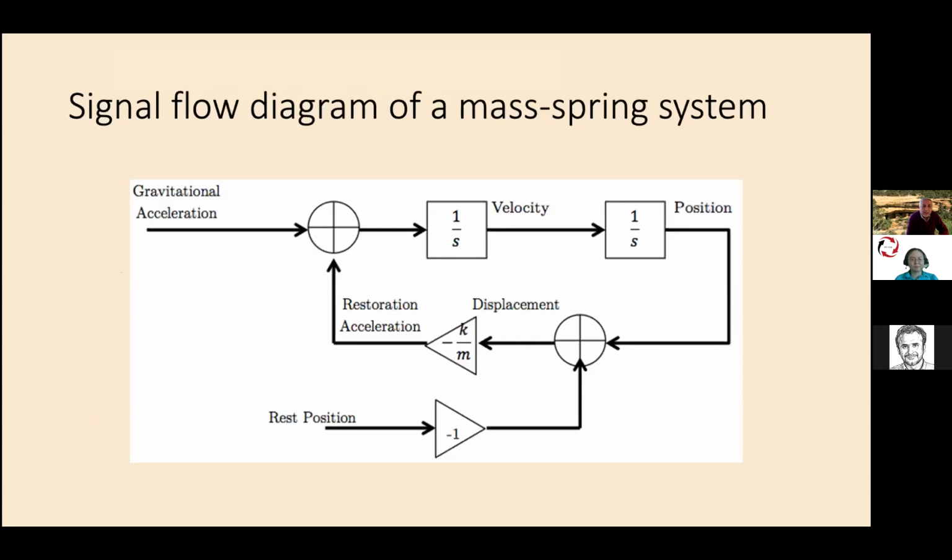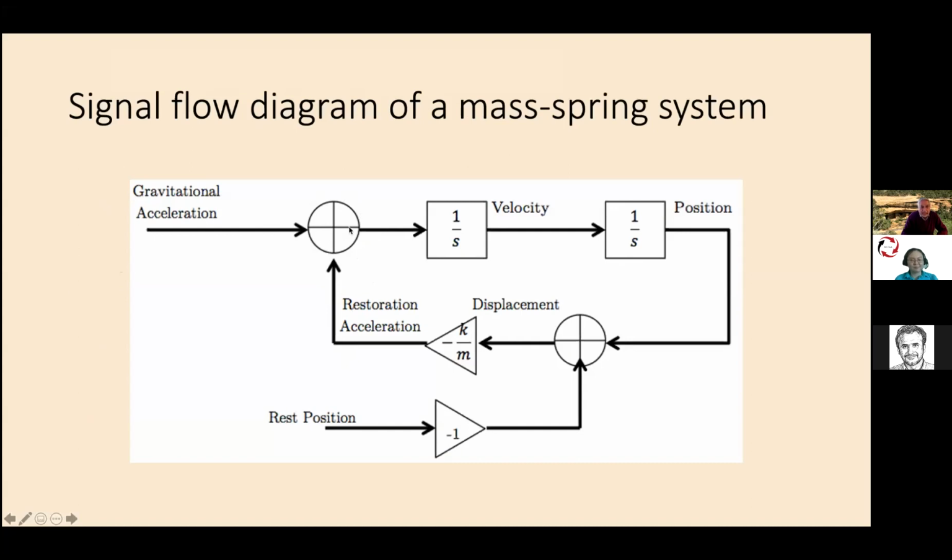Now, first coming to the engineering representation of a diagram, and in this case, it's a mass flow system. Basically, there is a discrepancy here, actually a signal created here, which comes from two types of forces which are acting on mass spring system.